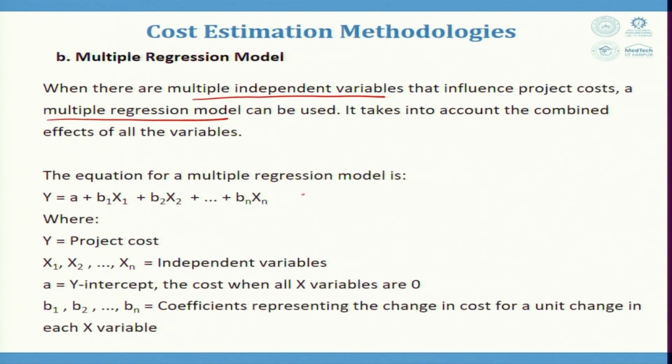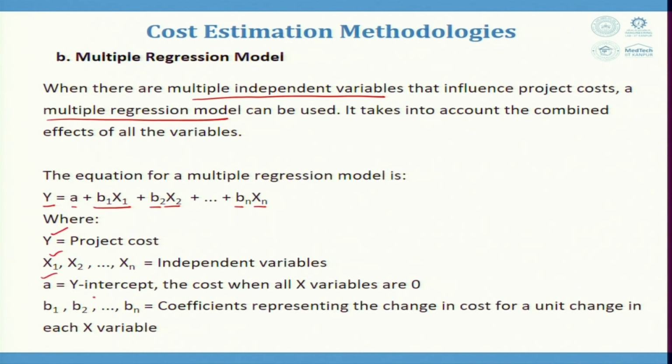The equation for the multiple regression model is y is equal to a plus b1 into x1, that is contribution b1 for the variable x1, that could be size, then contribution b2 for the variable x2, that could be transportation or the distance, and so on, contribution bn for the variable xn, where y is the project cost, and x1, x2, so on up to xn are independent variables.